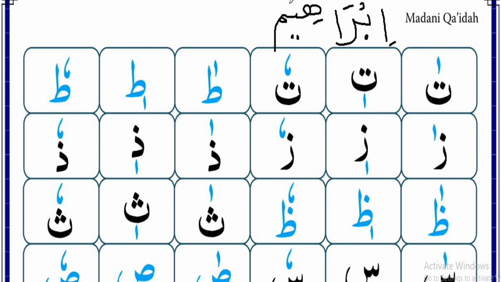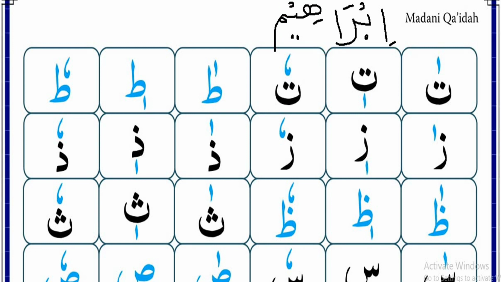So the word is Ibrahim. Here we have two madda letters because we have to stretch two of the sounds, ra and him. Alif here is stretching the sound of ra, and here ya madda is stretching the sound of ha, him. So rahim, Ibrahim.